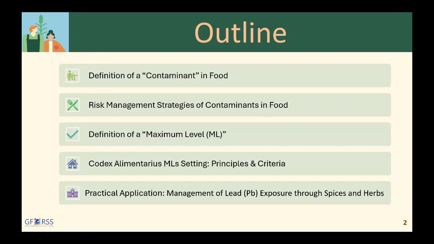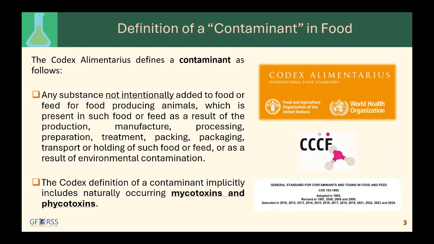And it is always interesting and important to define, to read again word by word, the definition. So according to the Codex Alimentarius, and more particularly here we're speaking about the CCCF, the Codex Committee on Contaminants in Food, a contaminant is defined as any substance not intentionally added to food or feed for food-producing animals, right?